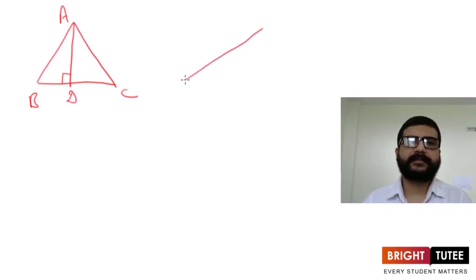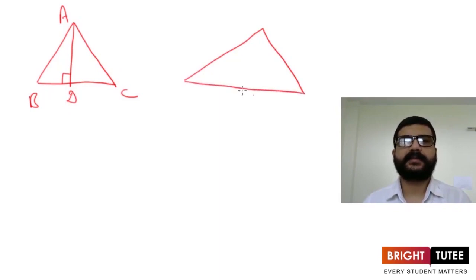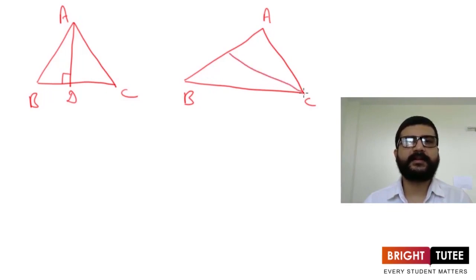Now let's take one more example. Let's say we are having this triangle. Here it is A, this is B, and this is C. Now let us suppose we are taking AB as a base, then what will be the height? Height will be the perpendicular from the opposite vertex on AB, like this.